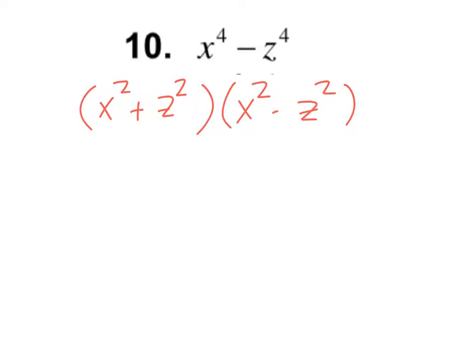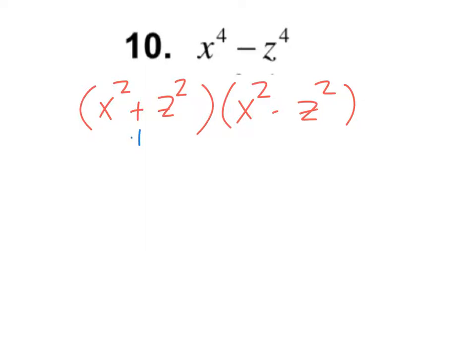Okay, now what do we see? They're both perfect squares again. Now, the first one, they're being added. So I don't have a sum of perfect squares. But I do have another difference of perfect squares. So I need to factor that again.